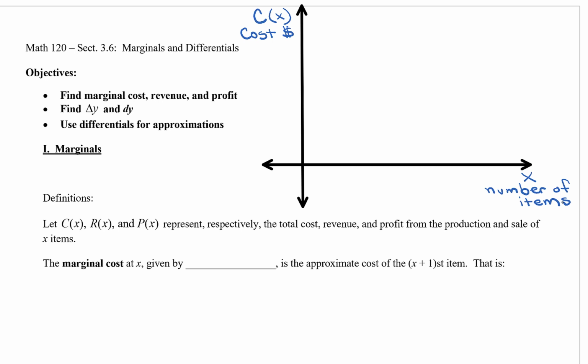I'm going to go ahead and draw a graph of a function, just representing any general function. We're going to call it C of x. I'm going to plot a couple points on this graph.